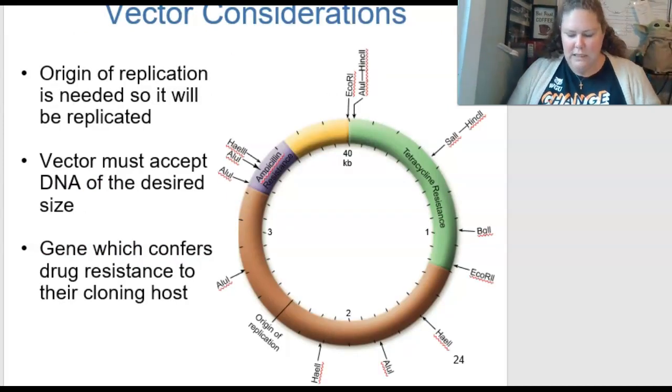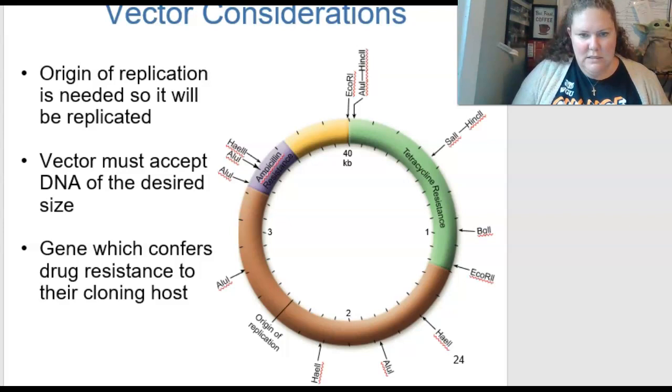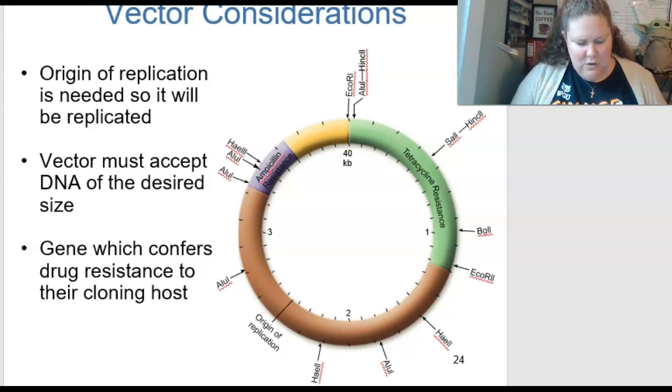When we are looking at vectors, there are a couple things we want to consider, and this is figure 10.10. This is a partial map of the pBR322 plasmid of E. coli. The arrows on this figure delineate, or point out, sites that are cleaved or cut by various restriction endonucleases.